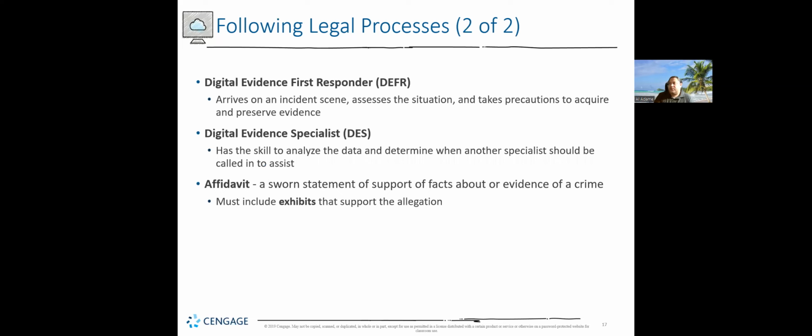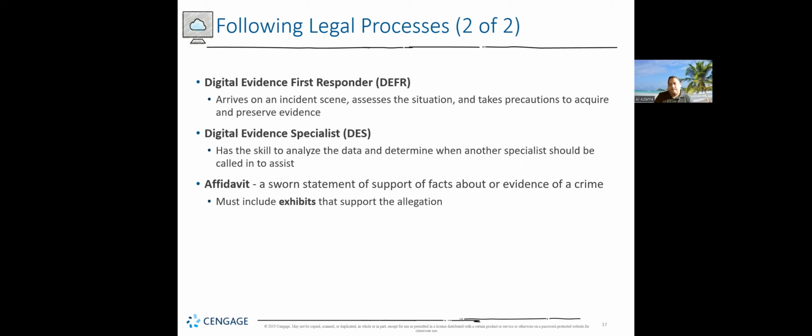Digital evidence first responder, DFR, arrives at an incident scene, assesses the situation, and takes precautions to acquire and preserve evidence. So this person's the first person to show up. They will start tagging things, labeling things, and noticing things without having people move anything. A digital evidence specialist has the skills to analyze the data and determine whether another specialist should be called in to assist.